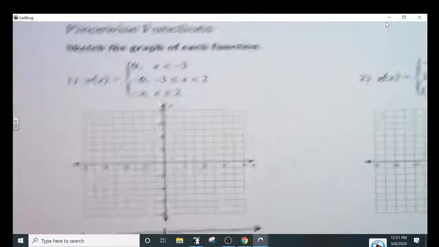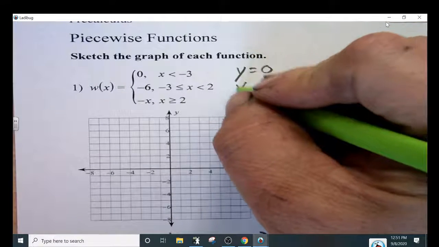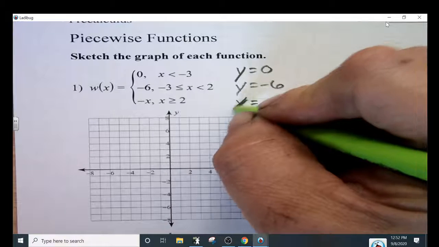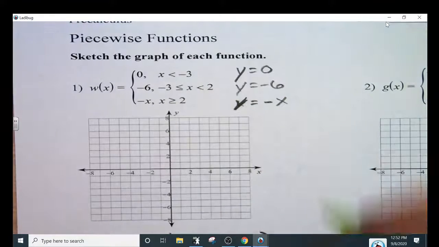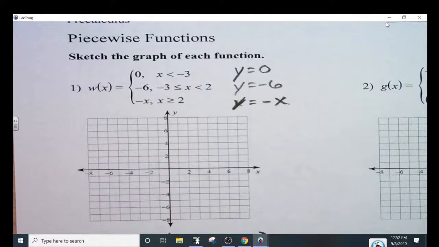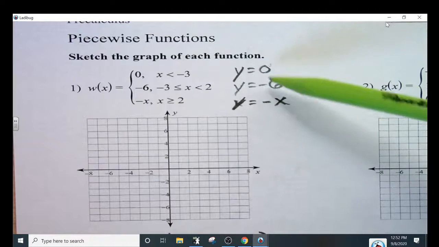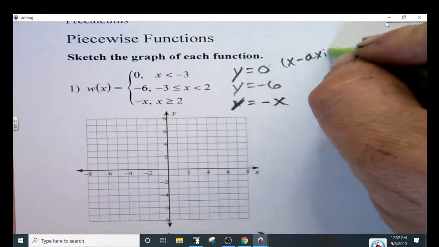And guys, your 3 functions here are y equals 0, y equals negative 6, and y equals negative x. That's your three functions. Okay? Now, guys, remember, if it's y equals 0, that's a horizontal line. Guys, y equals 0 is the same as the x-axis.